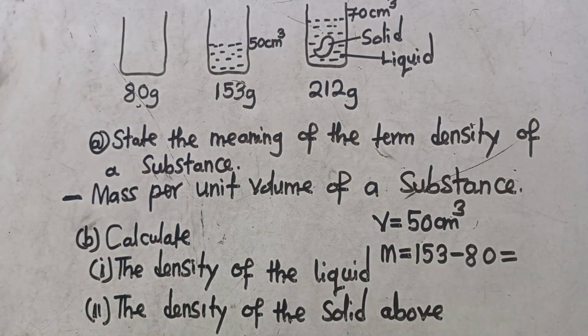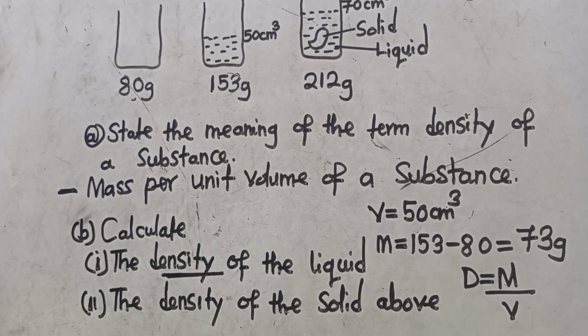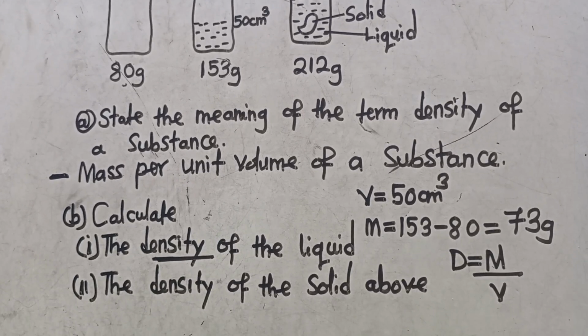What answer do we get? 153 minus 80 gives us 73 grams of the liquid. They are telling us to find the density. You just say density is given by the formula mass over volume. I know we have this habit of saying we need to convert the units to kilograms.